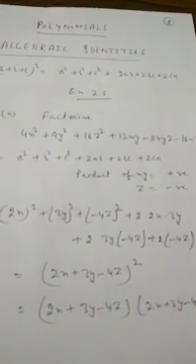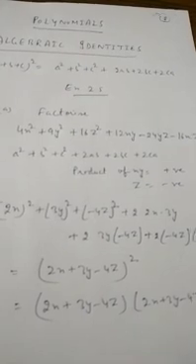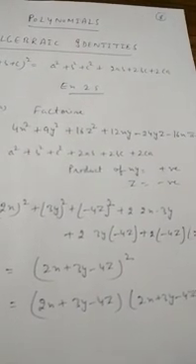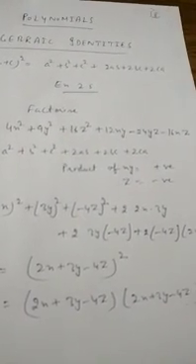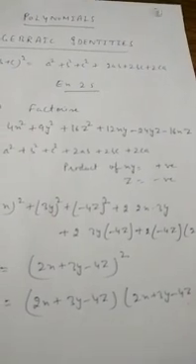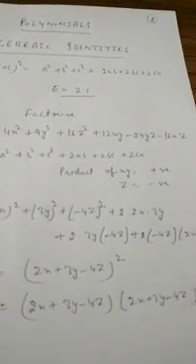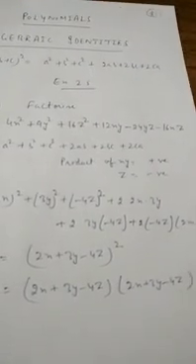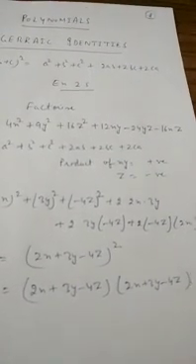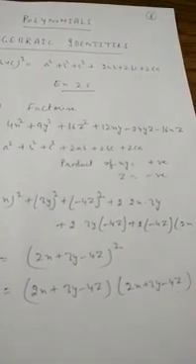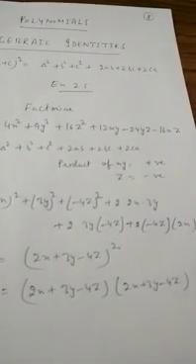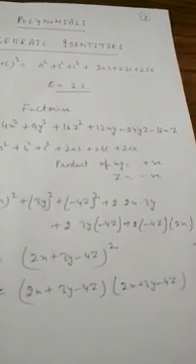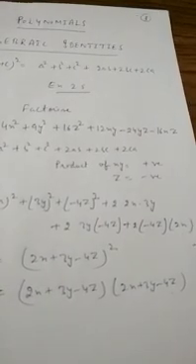So here the xy product 12xy is positive, it means x and y are positive and z will be negative. So how can we rewrite it? (2x) whole square plus (3y) whole square plus (minus 4z) whole square, because a negative whole square will be positive, plus 2ab, 2 into 2x into 3y, plus 2bc, 2 into 3y into minus 4z, plus 2ca, 2 into minus 4z into 2x.